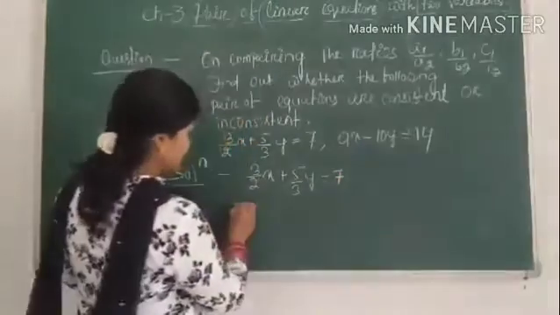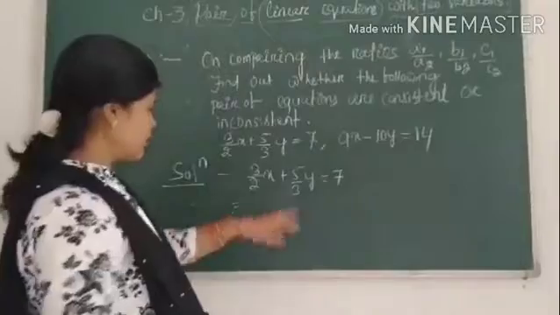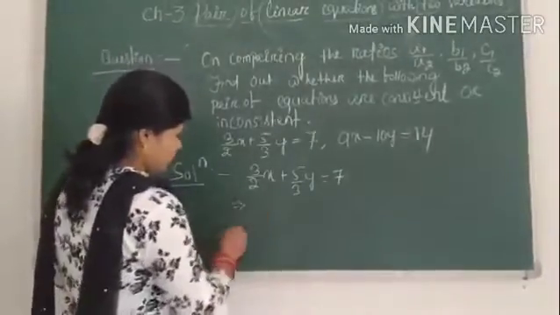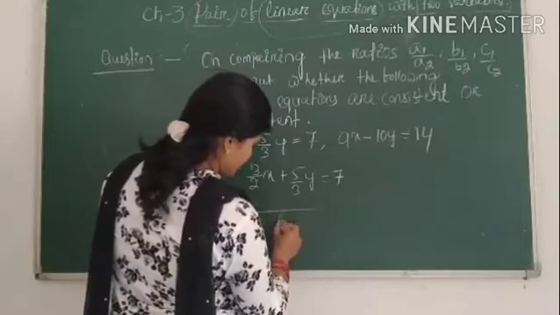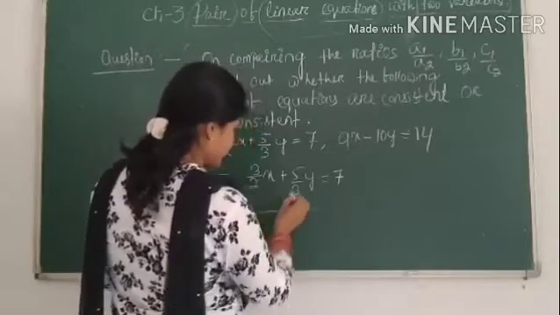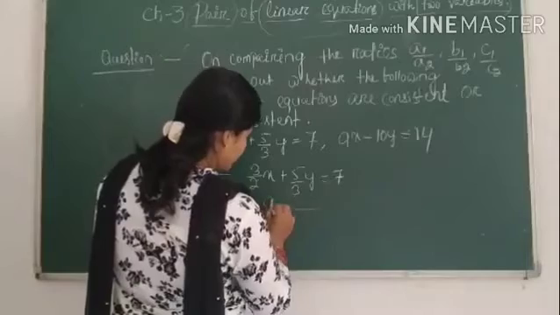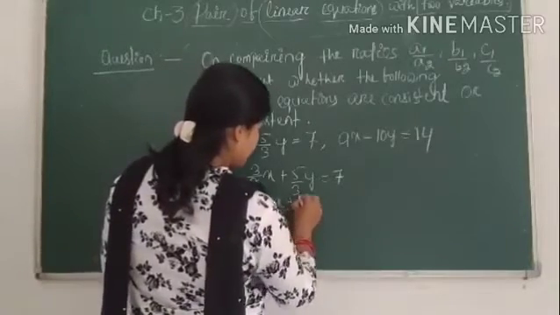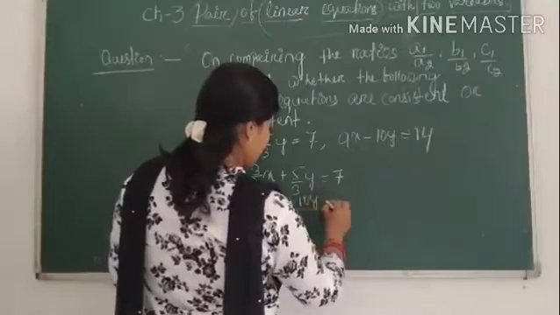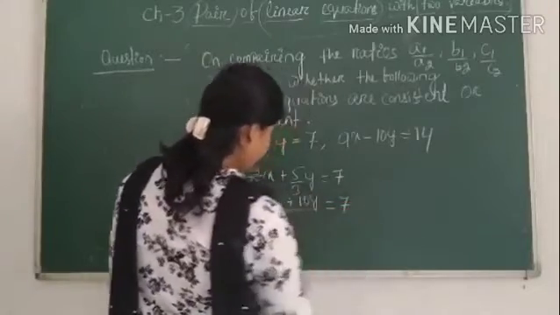Look at here, this is your first equation. So what I have to do, I have to take the LCM. So LCM of 2 and 3 is your 6. So here it will be 9x plus 10y is equal to 7.